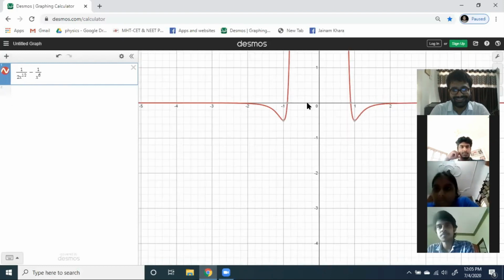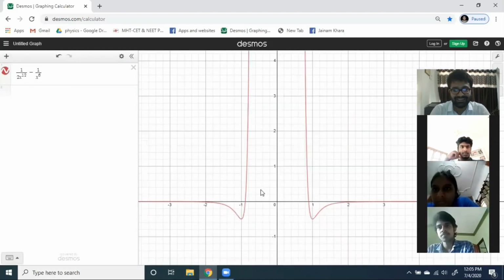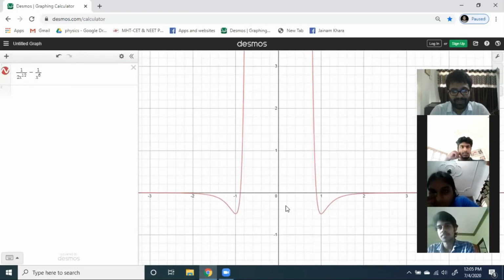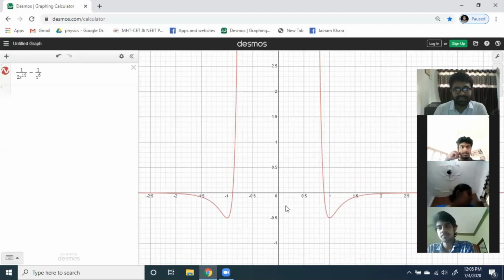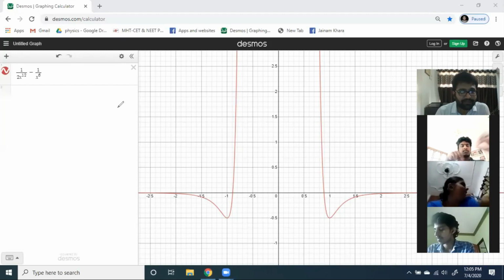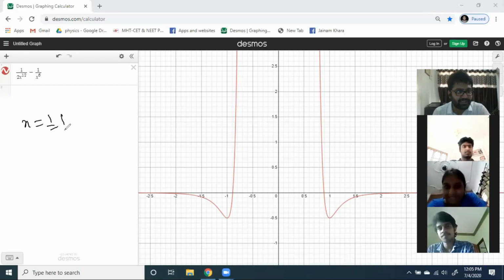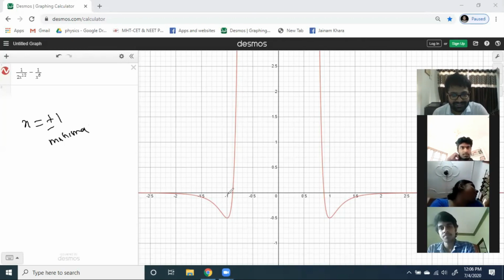Okay, so this is the graph, everybody, and we have got two minima. Which were our values, by the way? We had found that at x equal to plus or minus 1 we had found minima, right? Please check. This is minus 1 and this is plus 1. All good? Understood? Okay.